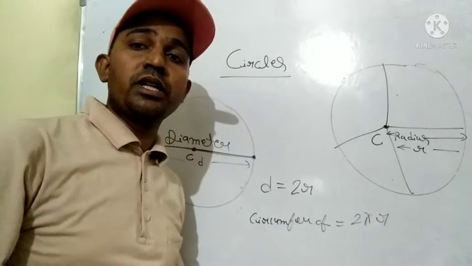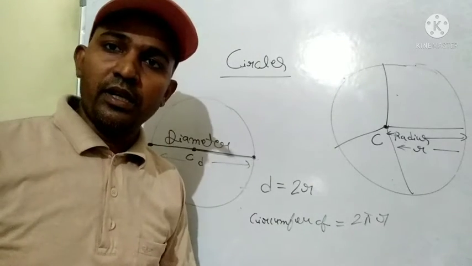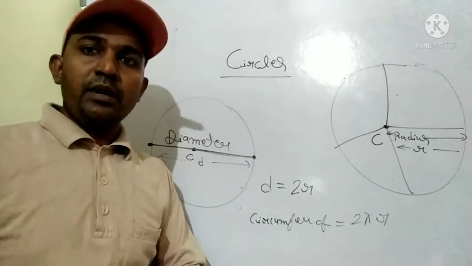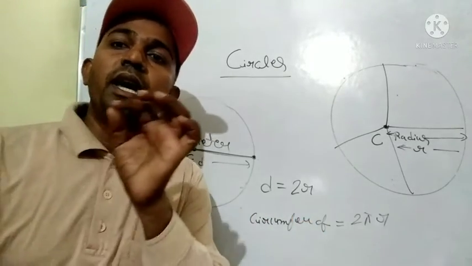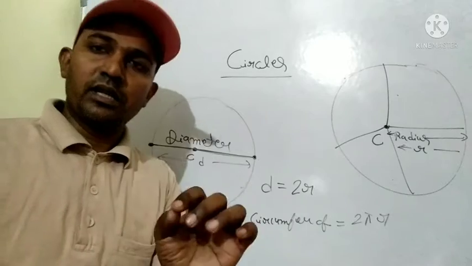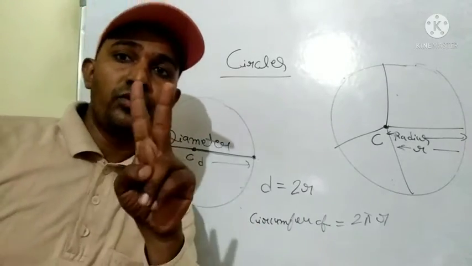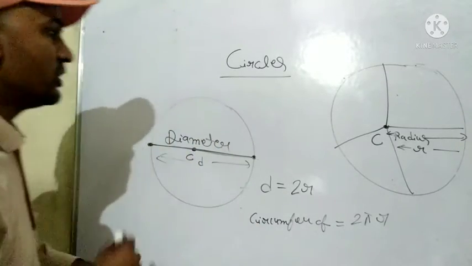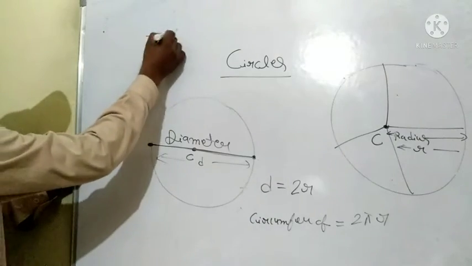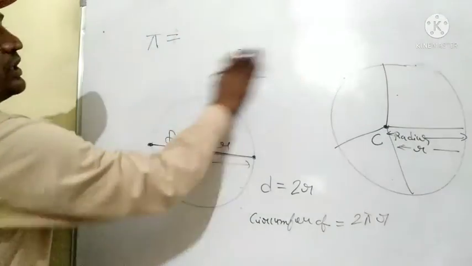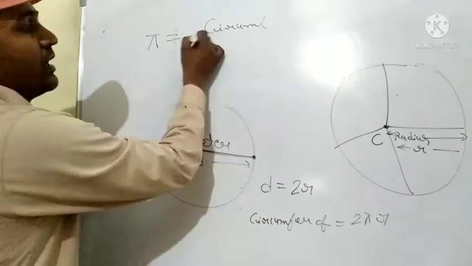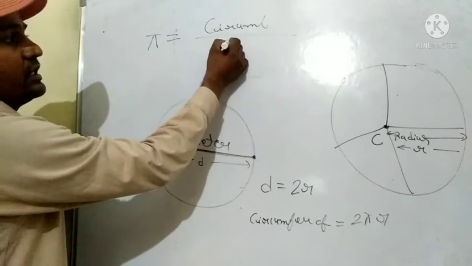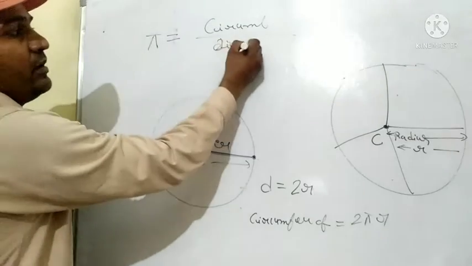One question arises here: what is pi? Pi is a simple ratio of any circle. Pi is the ratio of circumference upon its diameter.